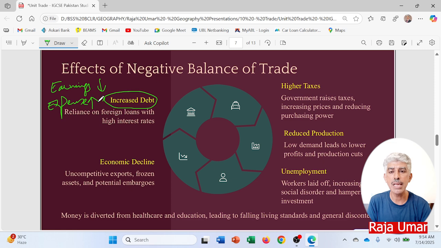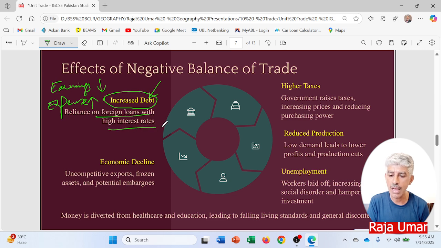If my income is, let's suppose, 50,000 rupees and I am spending 70,000 rupees, definitely I will have to manage 20,000 rupees from somewhere. And that would be in the form of loan. And that would be increasing debts on me every month. If I keep on getting 20,000 rupees every month loan from someone, that would be increasing the debts on me. So this happens same on the country.